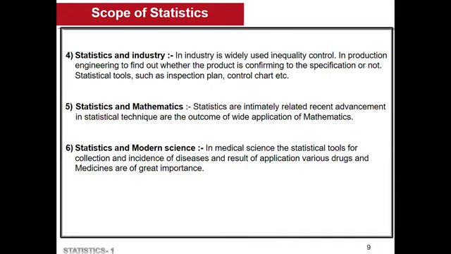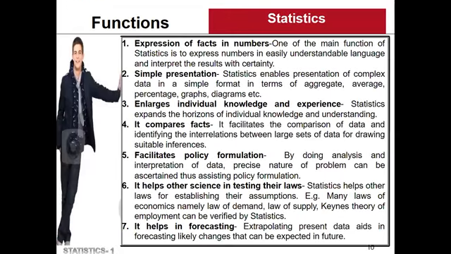Statistics is intimately related to mathematics, as recent advancements in statistical techniques are the outcome of wide application of mathematics. Then statistics and modern science. In medical science, statistical tools for collecting data on the incidence of disease and the results of application of various drugs and medicines are of great importance.